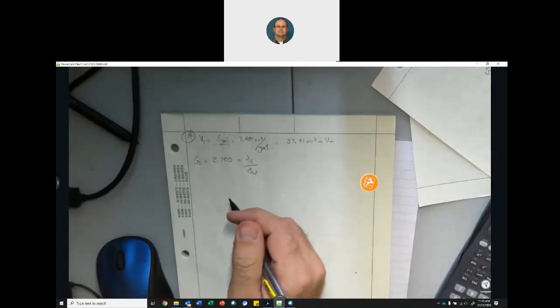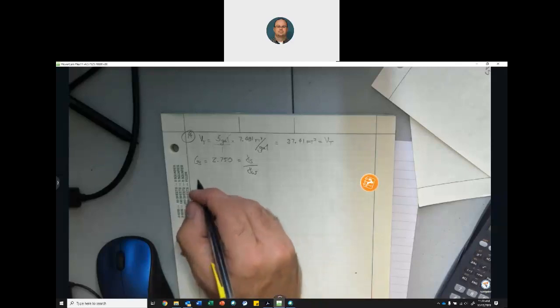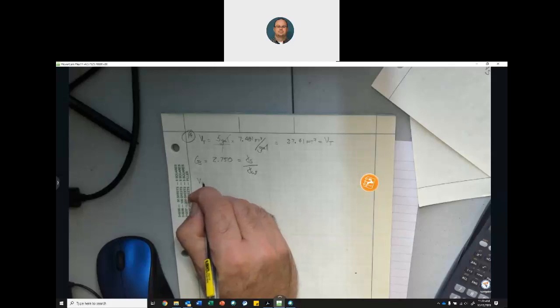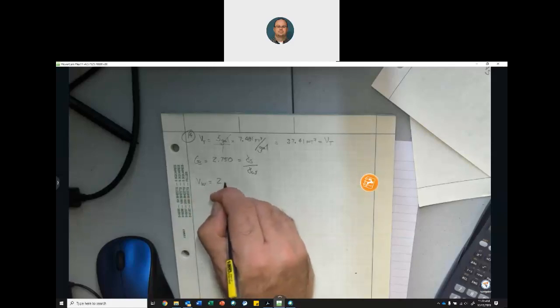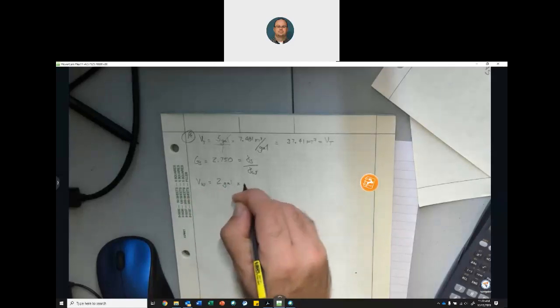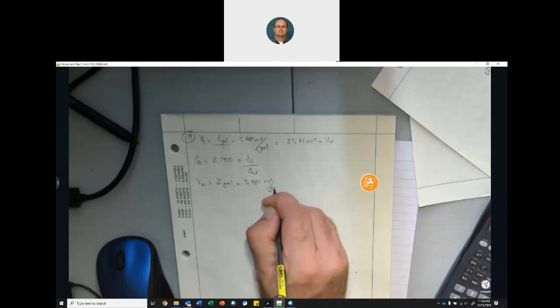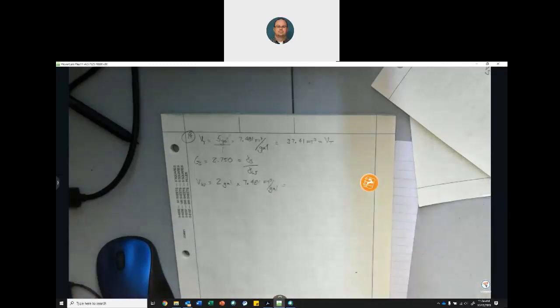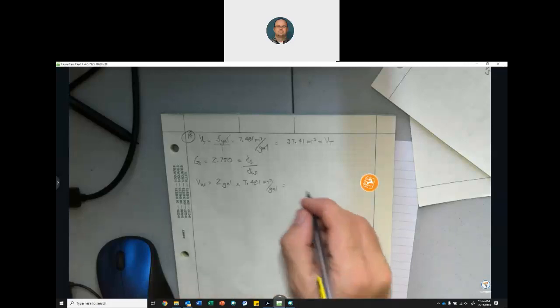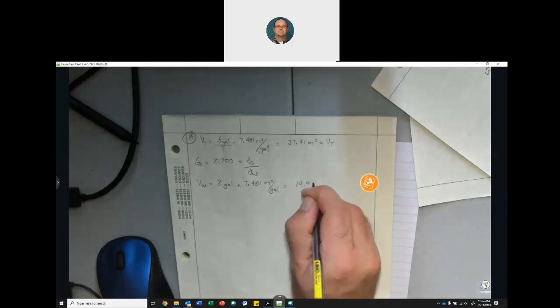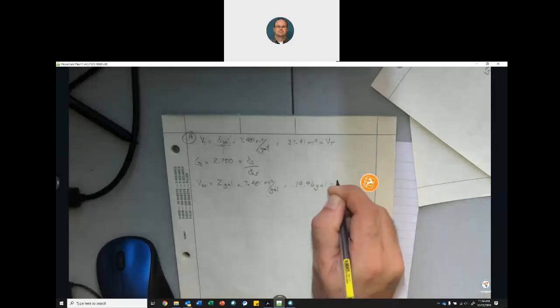We are able to pour 2 gallons of water such that all of the air is removed. So volume of water equals 2 gallons times 7.481 cubic feet per gallon. 2 times 7.481 equals 14.96 gallons, which equals volume of water.